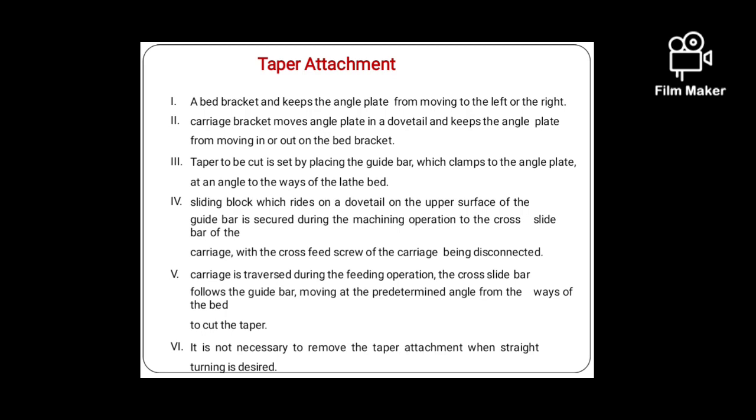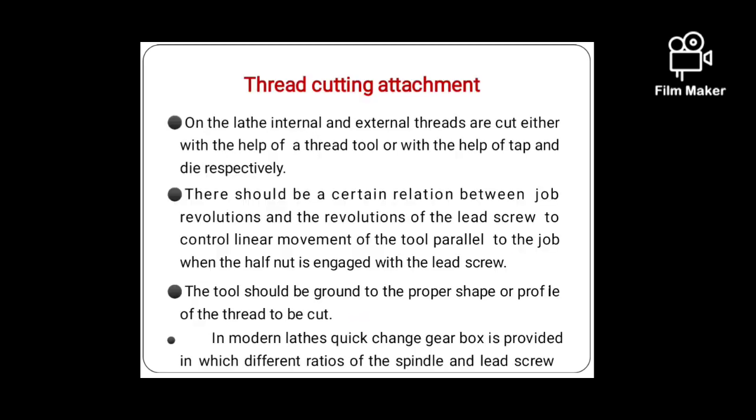The cross feed screw of the carriage is disconnected, and the carriage travels during the feeding operation. The cross slide follows the guide bar, moving at the set angle from the base of the bed. It is not necessary to remove the taper attachment when straight turning is desired.